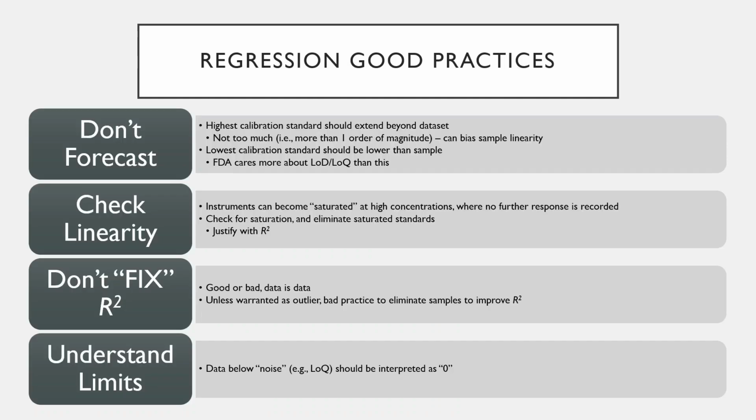Now, some good regression practices: you don't want to forecast values, meaning you want your highest calibration point to extend beyond your test sample data set, and you want your lowest calibration standard to be lower than any sample. Okay, now your highest calibration standard, you could, in theory, go many orders of magnitude depending on the sensitivity or the upper limit of your analytical instrument, but you don't want to go so many orders of magnitude above, like maybe more than one order of magnitude, because the higher concentration samples can bias and affect your regression line beyond a means that's practically applicable to your data set.